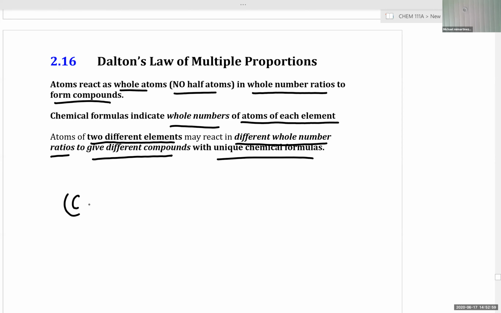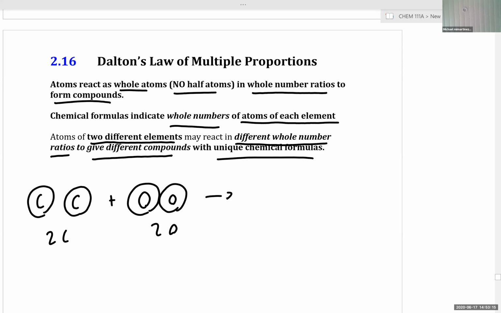So for example, if I take carbon and react it with oxygen, if I take 2 carbon atoms and react them with 2 oxygen atoms, I can make 2 molecules of carbon monoxide.